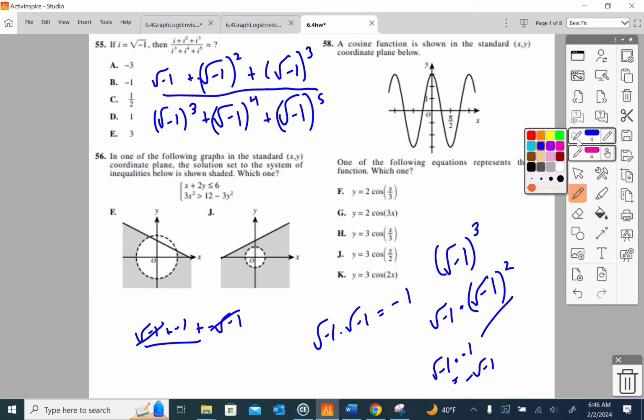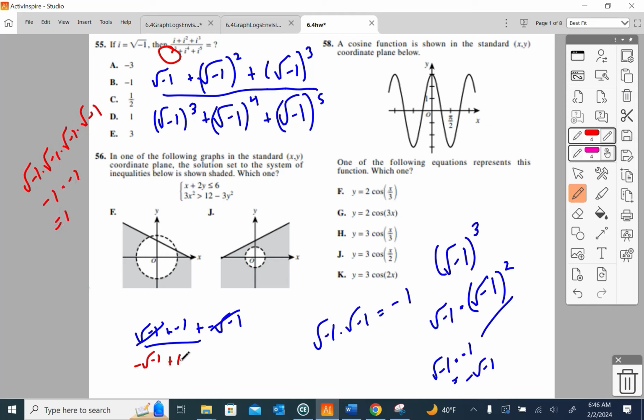All right, moving on. Start looking at some of the stuff in the bottom. Here is i cubed again, which I've already done. It's a negative root negative 1. Here's i to the fourth, which I haven't done. i to the fourth would be a root of negative 1 times a root of negative 1 times a root of negative 1 times a root of negative 1, which is going to be negative 1 times negative 1, which is 1.